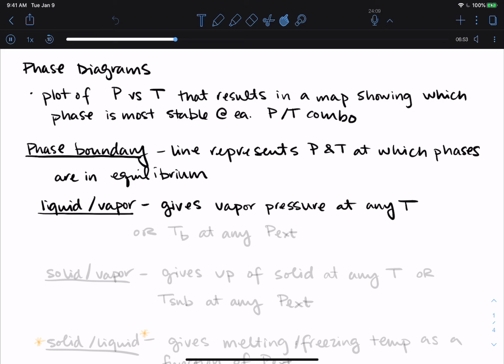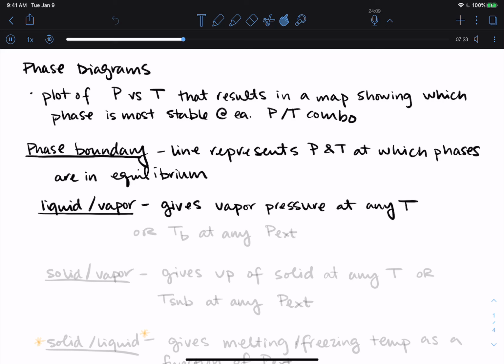So if, for example, we were thinking about a temperature of something below the boiling point, if you went up to the liquid vapor line, the pressure that you read would be the vapor pressure. So if you follow that vapor pressure, say up to 1 atmosphere, it should correspond to a point that matches the normal boiling point, because the normal boiling point happens at 1 atmosphere.